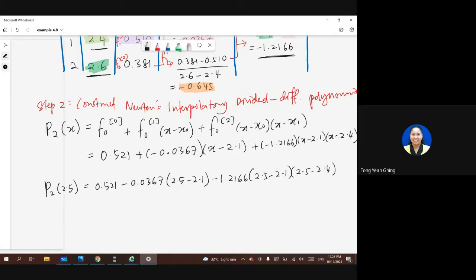Okay. So yang ini dapat, kalau ini 2.5 minus 2.4, 0.4. So this one 0.4, this one 0.1. Right.